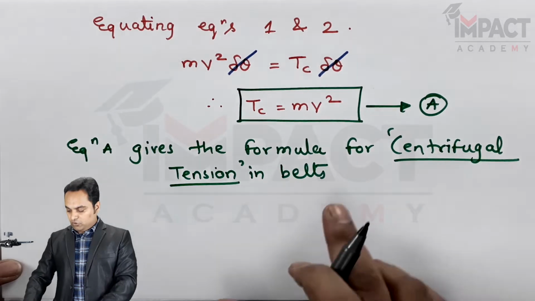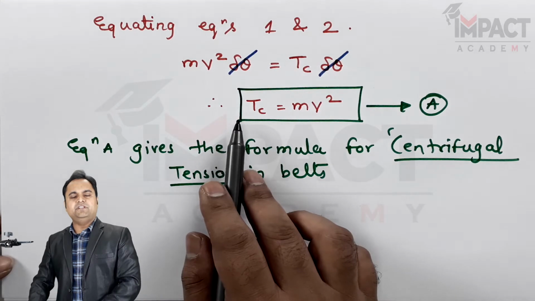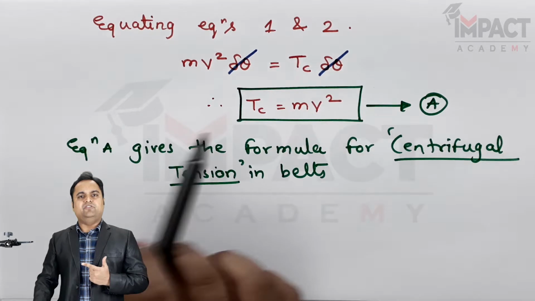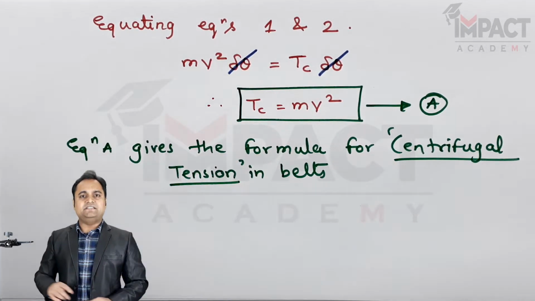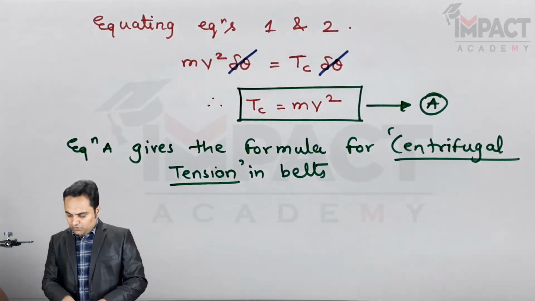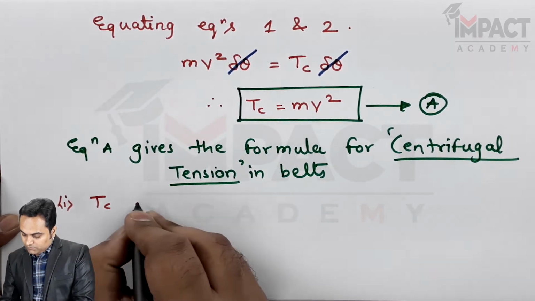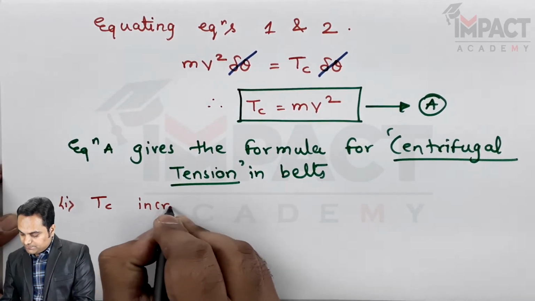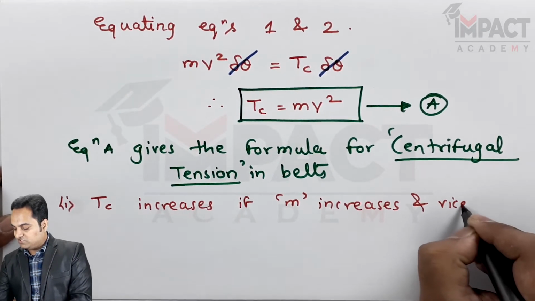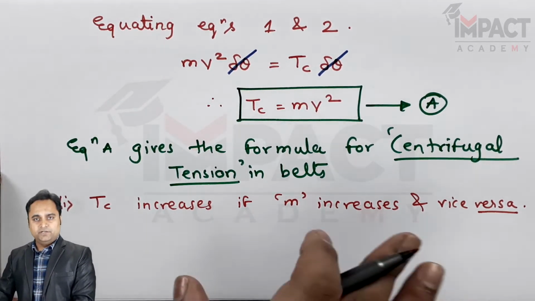Now I can say that equation A gives the formula for centrifugal tension in belts, and as we can see in this formula, the centrifugal tension in the belt depends only upon two things. First is the mass of the belt and other is the velocity of the belt. It means the centrifugal tension is independent of tension in tight side and tension in slack side. So here we can say that the centrifugal tension increases if m, that is the mass of the belt, increases, and vice versa, that is if the mass of the belt decreases, the centrifugal tension decreases.